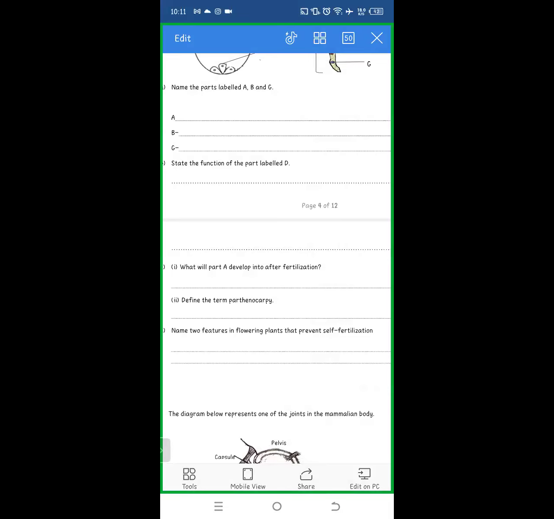So when you talk about heterostyly, the style grows longer than all other floral parts. Therefore, it will prevent self-pollination. We have protandry and protogeny. When I see the letters GY in a word, like gynoecium, protogeny, those words tell me something.